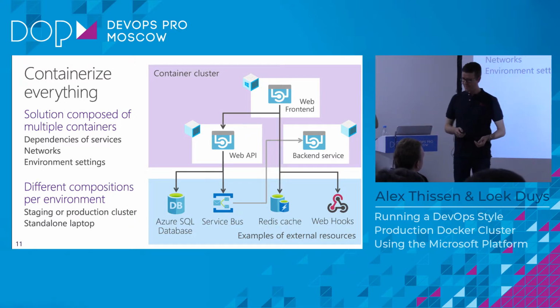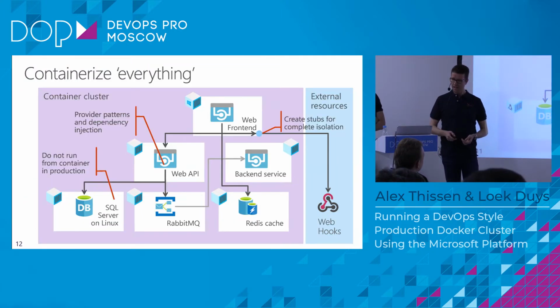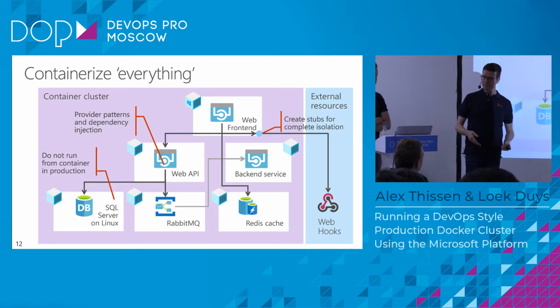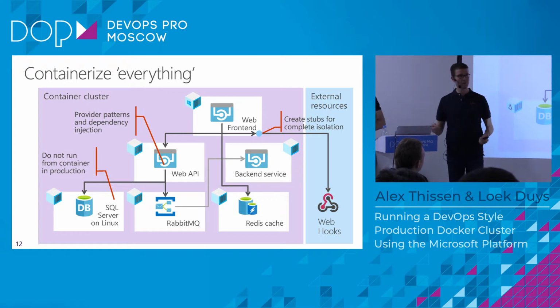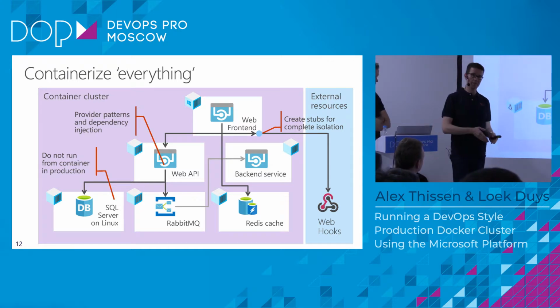So what you can do instead is introduce a layer of abstraction, and instead of relying on an Azure service, you can decide at test time that you want to use a different one. For example, instead of directly targeting Azure SQL, you can also run SQL Server in a container nowadays.